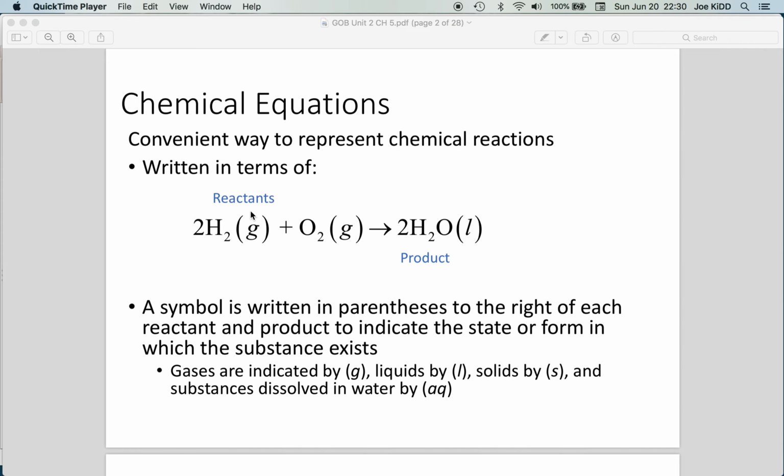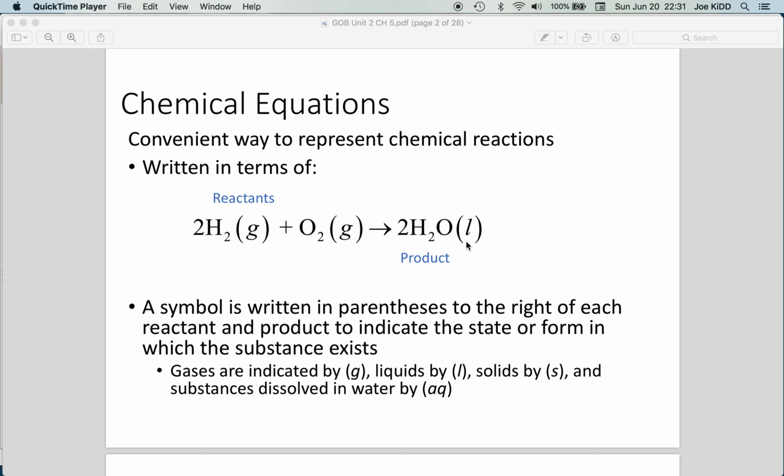For example, the arrow we can pretend is like an equal sign if we were doing a math equation. To the left of the arrow will be the reactants. These are the things that we originally have, the materials that we start with. And then the equal sign is where chemistry occurs. And the products, or the things on the right-hand side, are the new things that are formed.